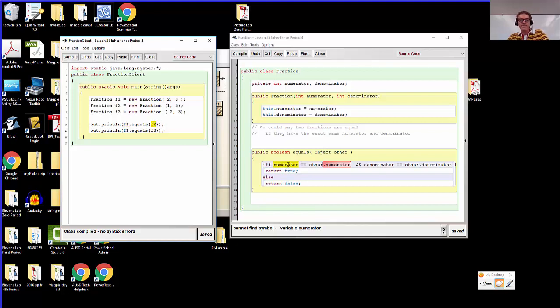Well, it found f1's numerator because f1 is a plain old fraction. In this fraction class is the numerator instance field. But it couldn't find f2's numerator because we're storing it into an Object, and numerator is not in the Object class.